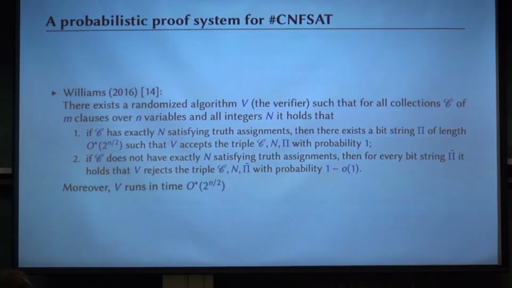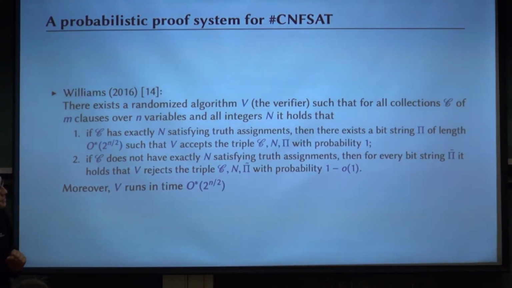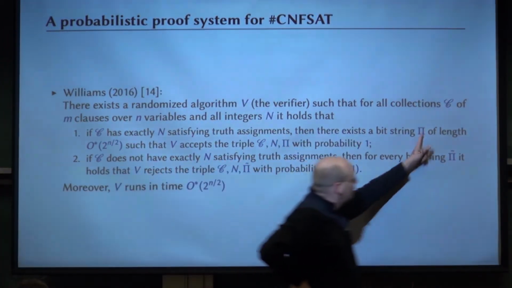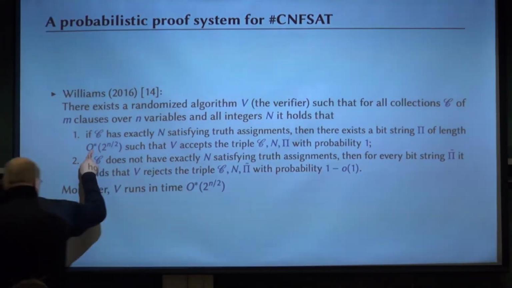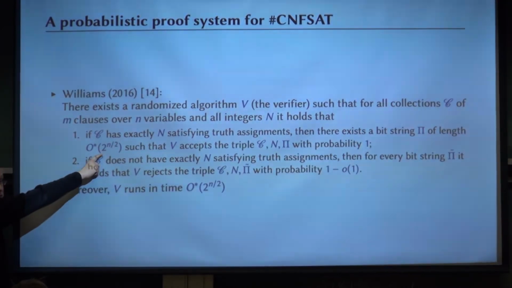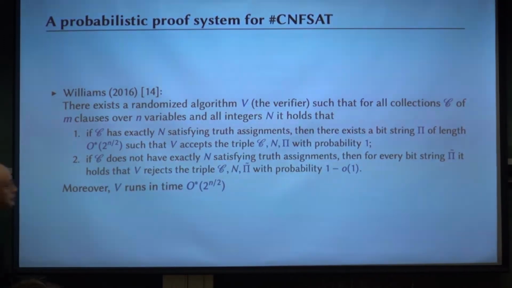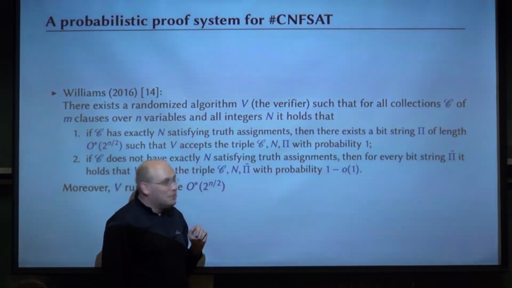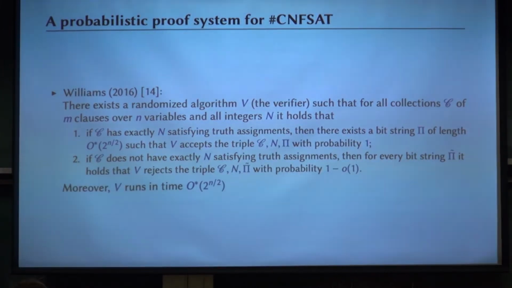So if C has exactly N satisfying truth assignments, then there is a bit string pi, a proof if you will, of this length. Notice that it's about the square root of 2 to the n. So this is substantially less than 2 to the n in general, in fact exponentially less. The verifier happily accepts this triple given to it, in fact with probability 1. So it's deterministic. You get a correct proof, you accept it. End of story.